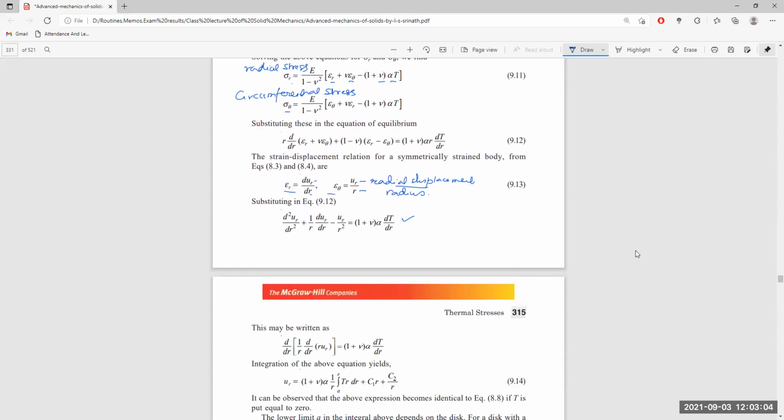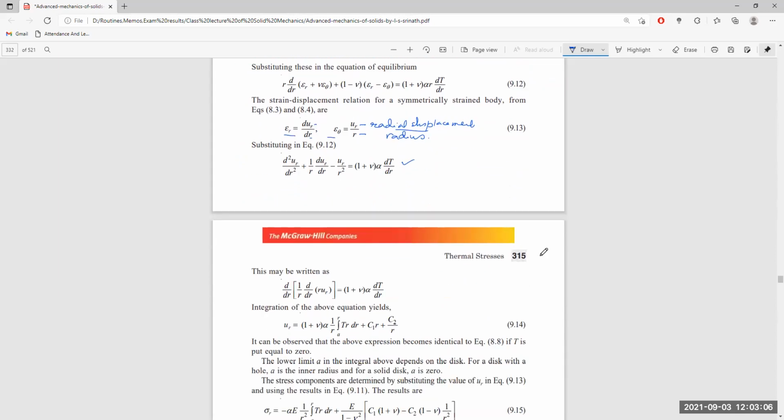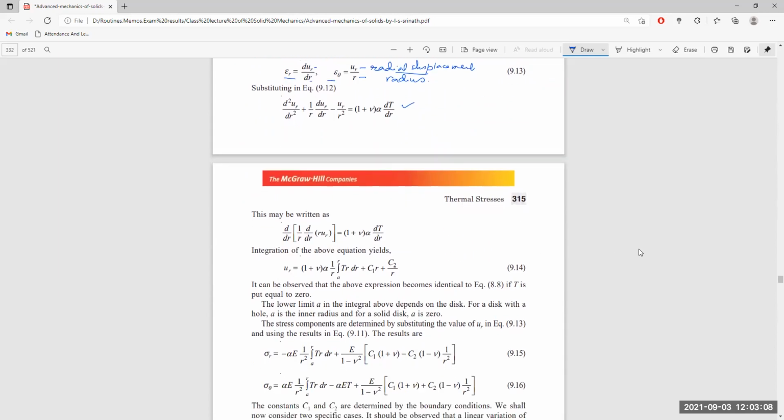So it can be written as, after further simplification, we can make d by dr outside the bracket, and inside the bracket is 1 by r into d by dr of r u. If we take the derivative again, this will take this particular position, and 1 minus mu alpha T remains as it is itself. The final position will be like this.